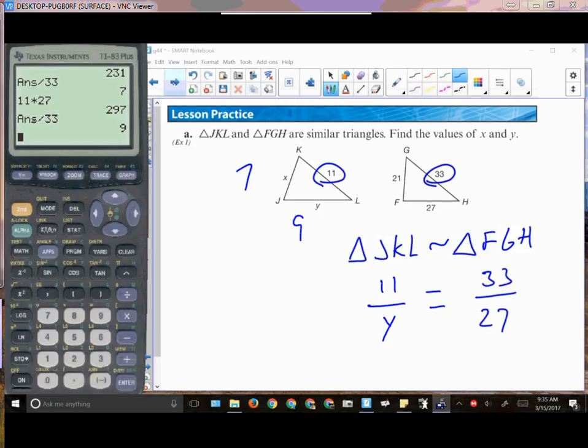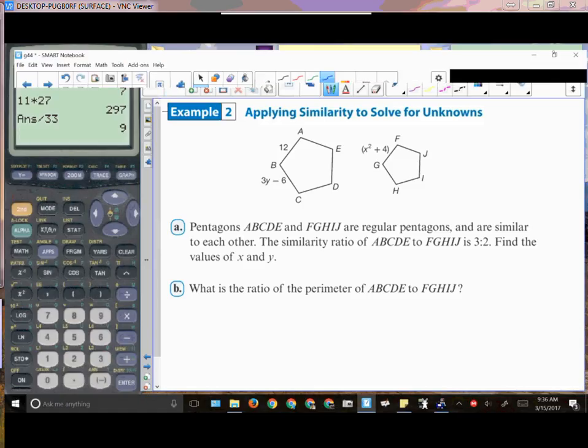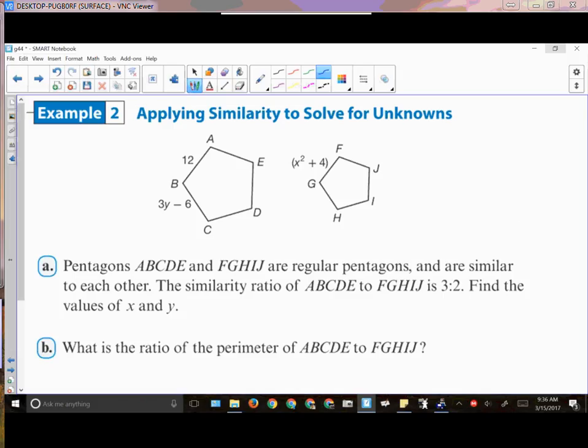So think about this. This idea of the similarity goes through for anything, okay, when we have similar figures. Doesn't matter whether they're rectangles, triangles, or in this case, pentagons.